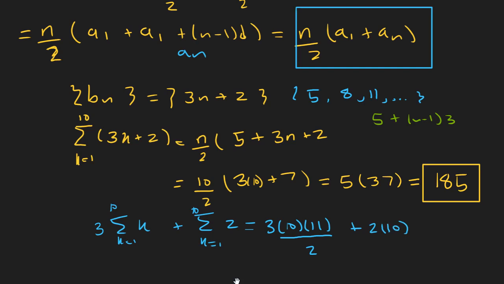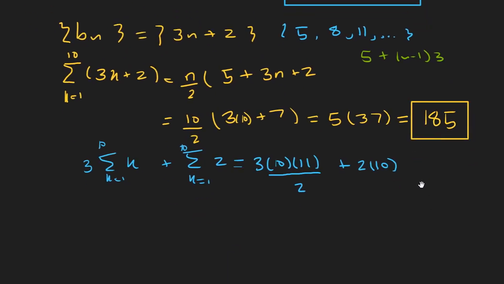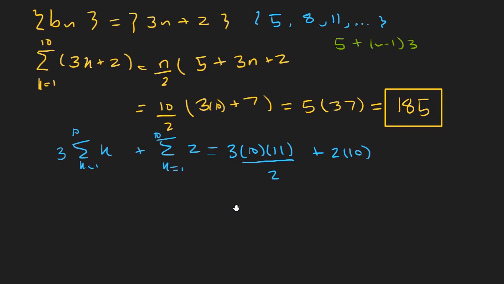So from that point on, we can work it out: here this would be 30 over 2, which is 15, so we have 15 times 11 plus 2 times 10.